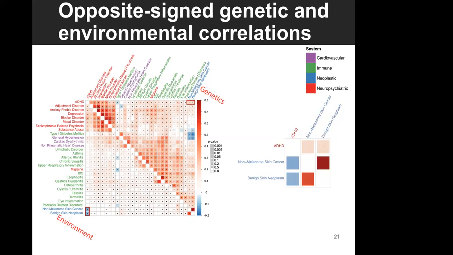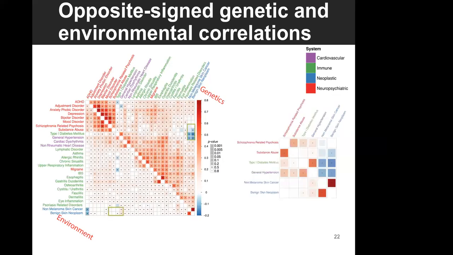So now I will switch attention to disease pairs that have opposite genetic versus environmental correlations. For example, for ADHD versus two kinds of skin cancers, the genetic correlation is positive and the environmental correlations are negative.